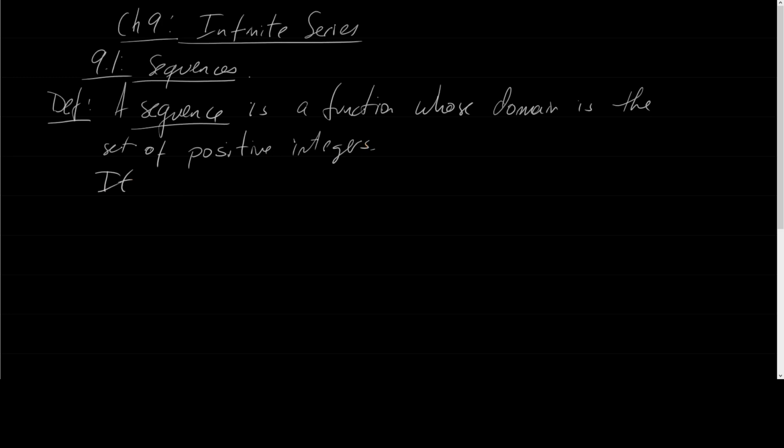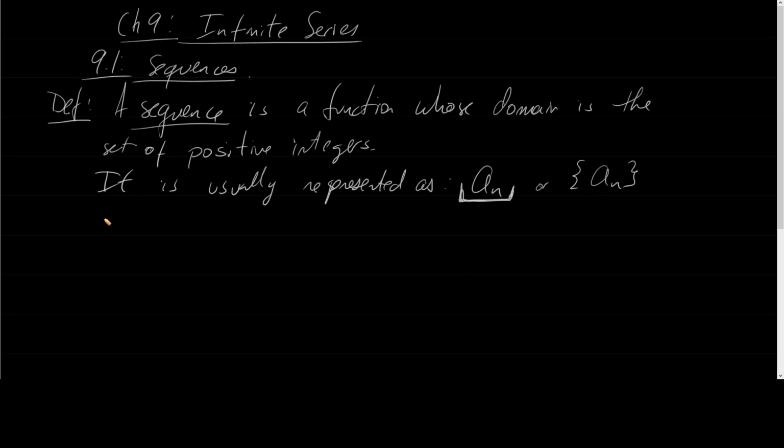It is usually represented as something like a sub n or the set of a sub n. In general, I'll probably be sticking to this notation, mostly just a sub n without the curly brackets, but both really mean the same thing.